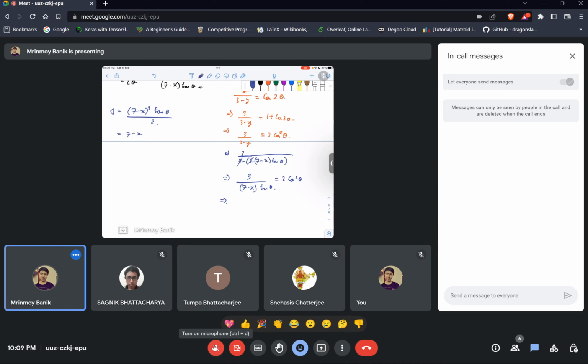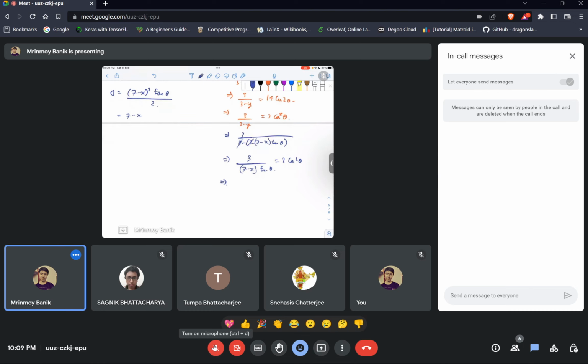Let's eliminate x, so 7 minus x is 1 by 2 cos squared theta times tan theta 3.